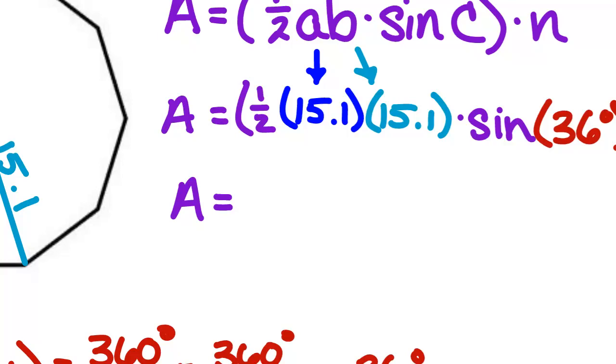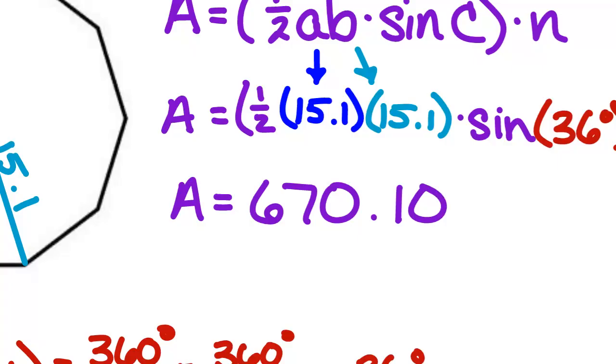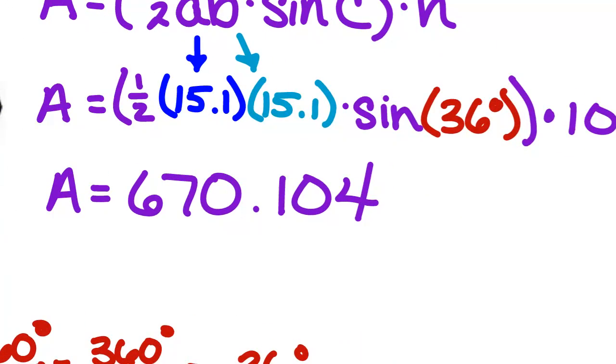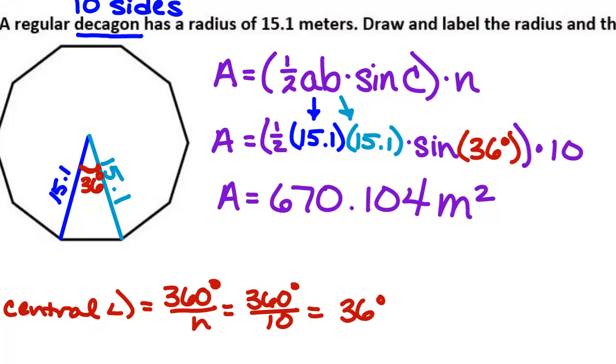You shouldn't get something as small as 19. Yep, what's the whole thing? Oh, did you just do that one part where it's like the 15.1 times 15.1 times 1/2? Or did you do the whole thing? Okay, well, I'll come back there and look and see how it got put in to see what went wrong. 670.104. What units should we put with that? Meters squared, yes.